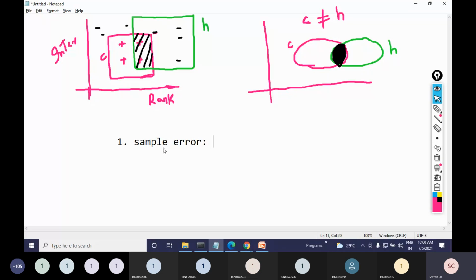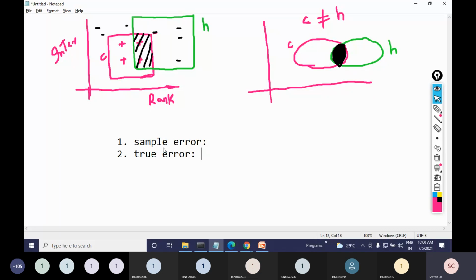You know that. Now another word is true error. These words we have discussed in our previous classes. True error means, on my entire data set, when I applied this hypothesis, how many times it worked successfully and in how many cases it failed.